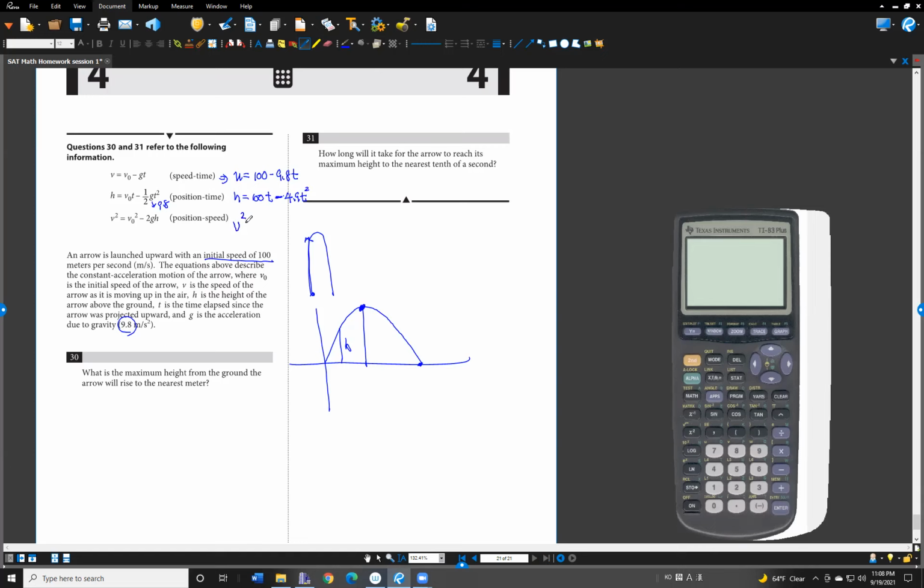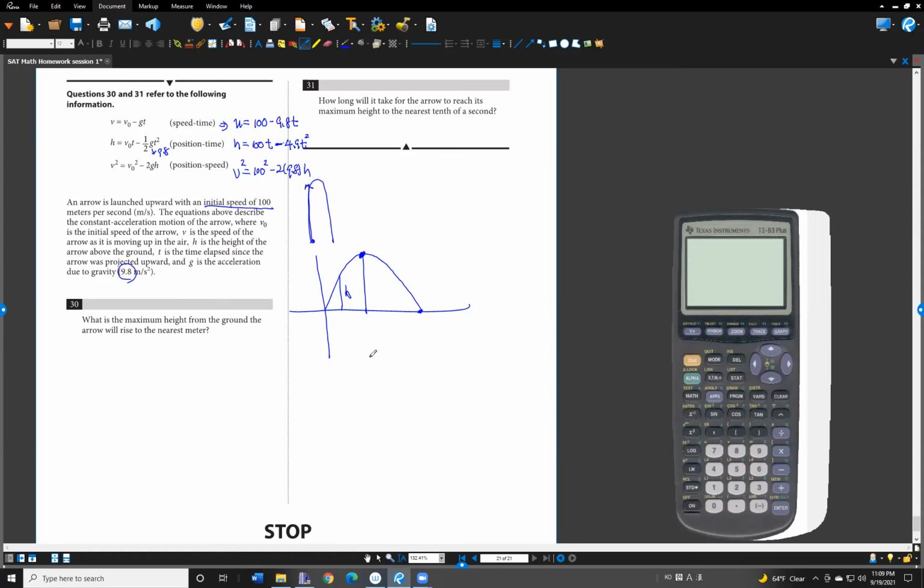The other one: v squared is 100 squared minus 2 times g, 9.8, times h. So we have three formulas for motion.